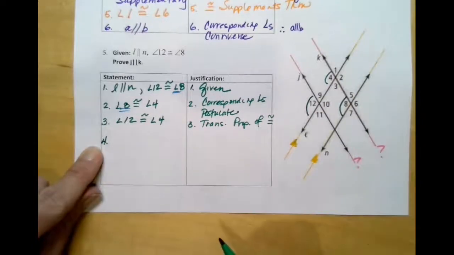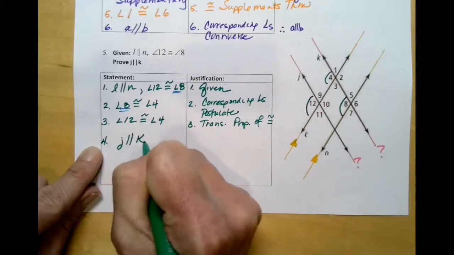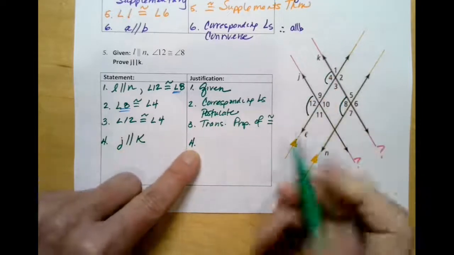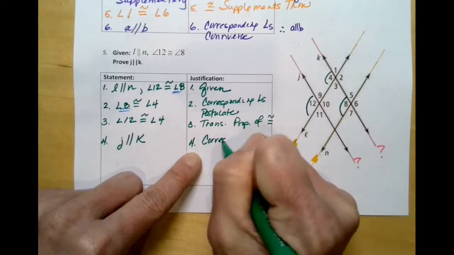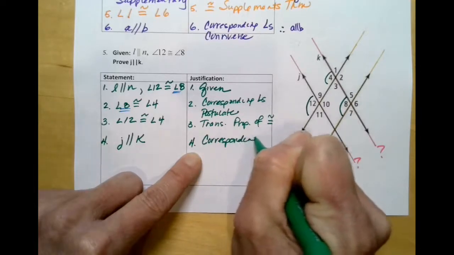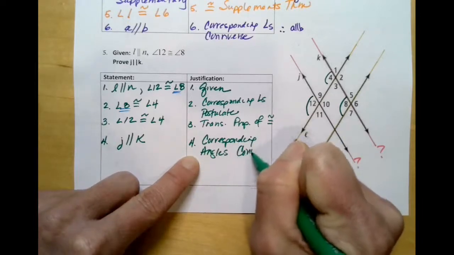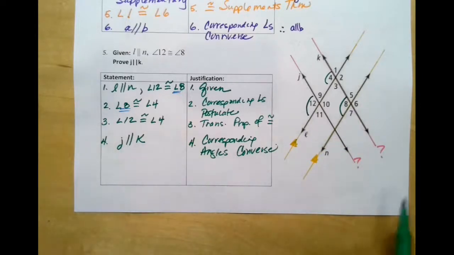I got my parallel lines because 12 and 4 are corresponding angles. So I can say that line J is parallel to line K, and I can easily say that that is because of the corresponding angles. Careful here, converse. The converse is the one that proves the angles are congruent. How'd you do?